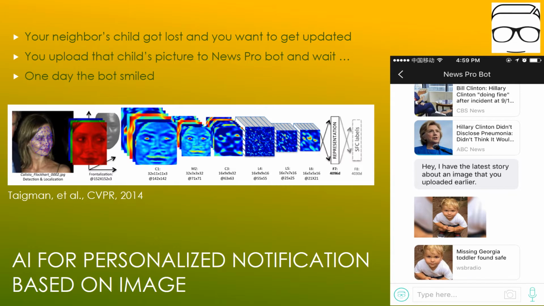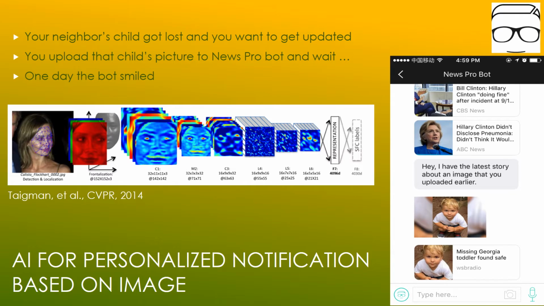So you upload that child's picture to the bot in the News Pro app and wait, and one day you see that smiling face, that bot smiled. That means the bot has something new for you. For example, it says, hey, I have the latest story about an image that you uploaded earlier: a missing Georgia toddler found safe.